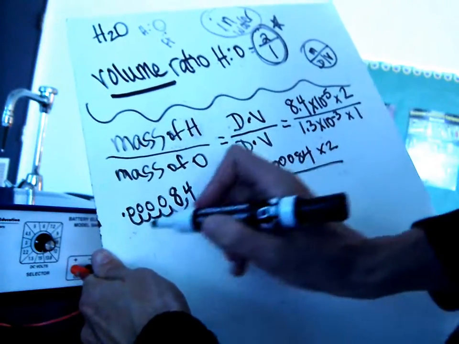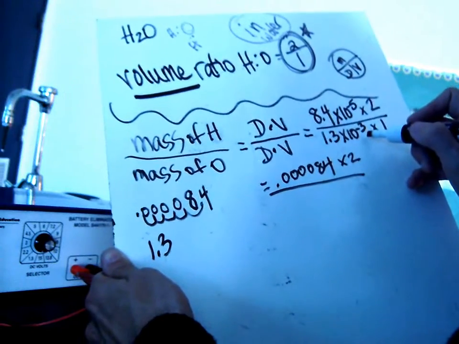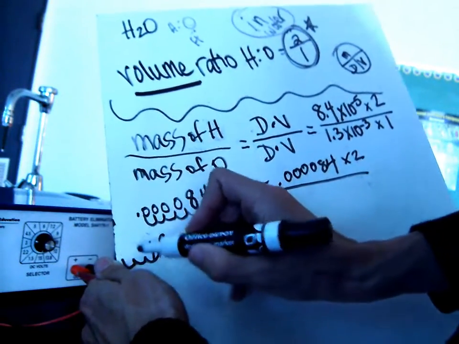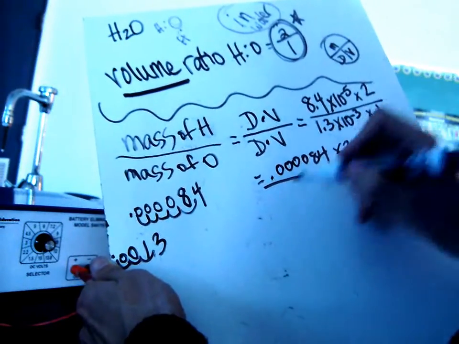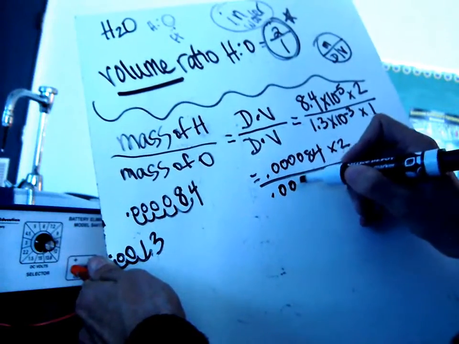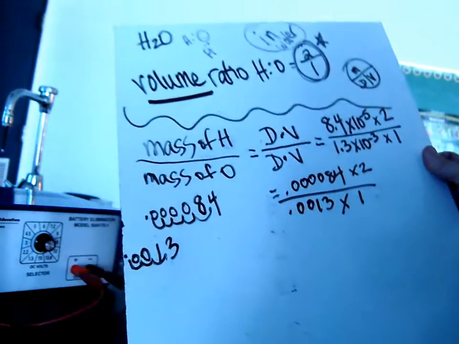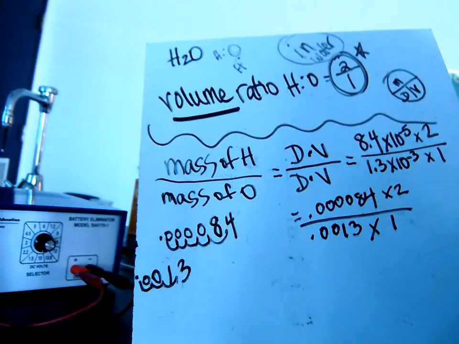We do the same thing with this number, 1.3, except we only have to move it to the left 3 times. So we do 1, 2, 3, and I put my little zeros and my decimal. So this number is the same as this. And then I'm going to multiply times 1. Even though I know I don't have to, but again, I just want you to be able to see that 2 to 1 volume ratio.